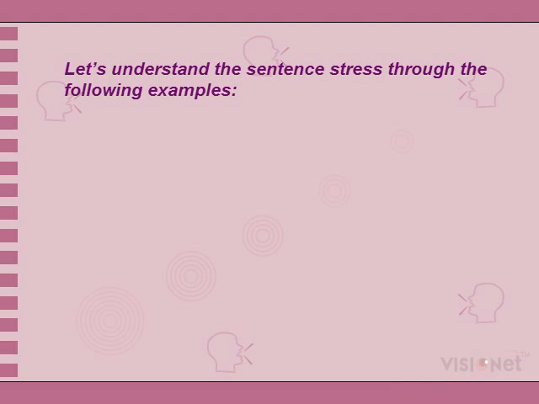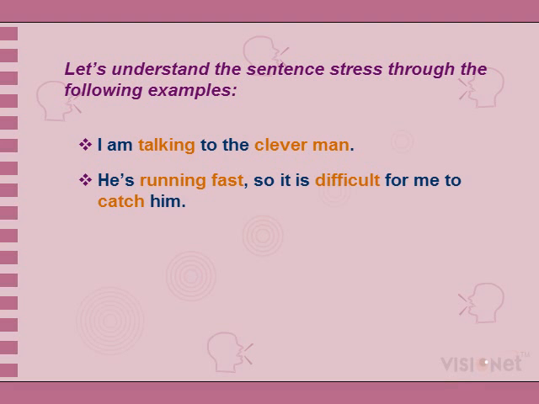Let's understand the sentence stress through the following examples. The first one is, I'm talking to the clever man. Here, talking and clever man, both these words are stressed and the rest of them are unstressed. The next example is, he's running fast, so it's difficult for me to catch him.